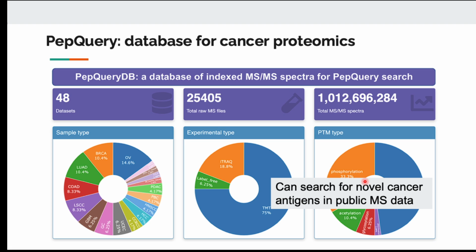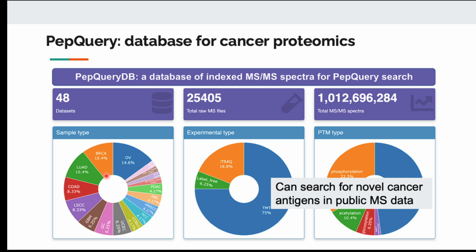Basically, if you suspect that a certain type of cancer might be expressing a certain novel peptide, maybe some new antigen, and you want to know if it is expressed in different types of cancers or not, you can put your peptide or protein sequence onto PepQuery, and they will search that peptide against their database of mass spectrometry data and give back to you whether your novel peptide can be detected in any of these cohorts.